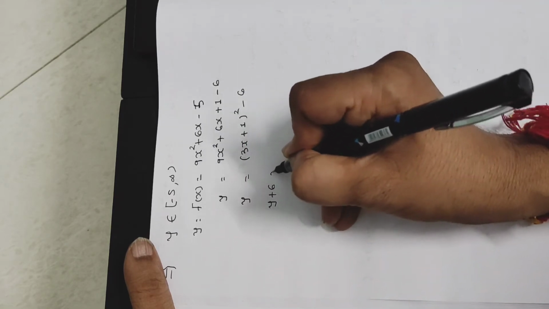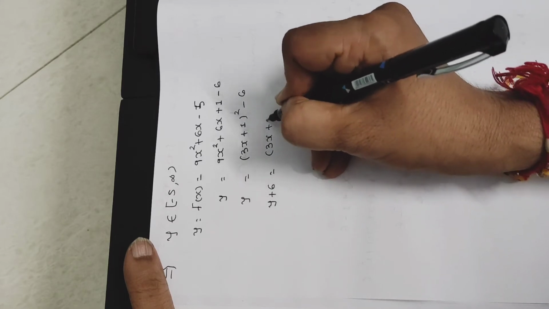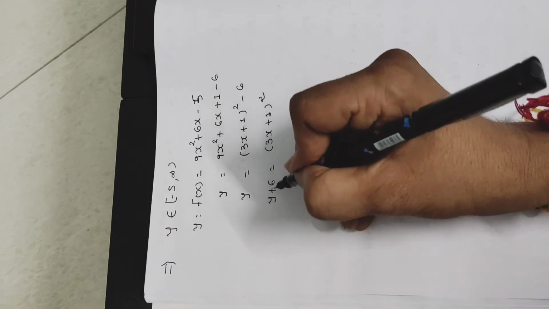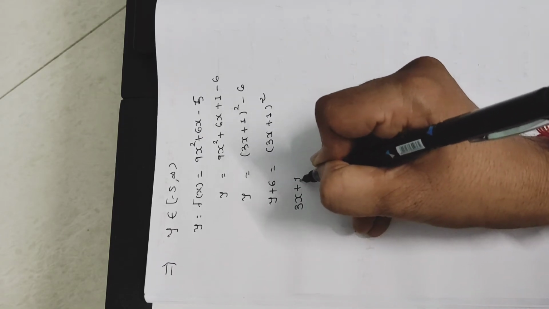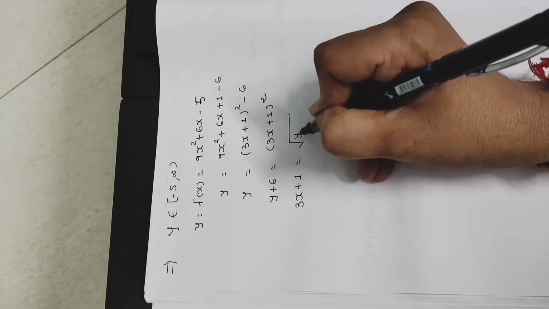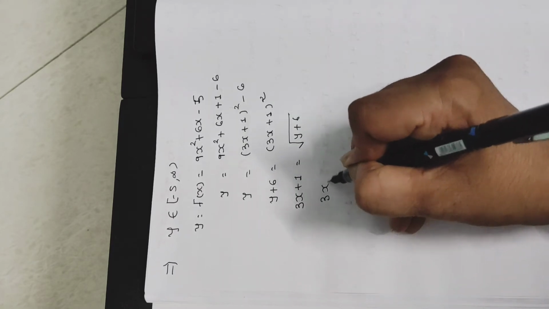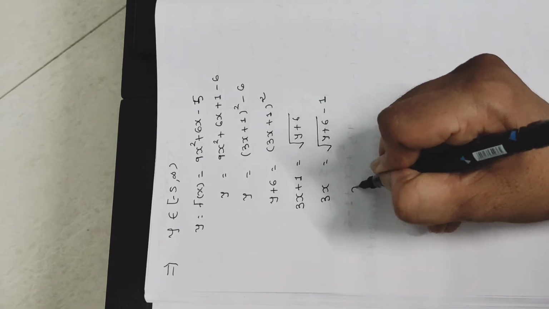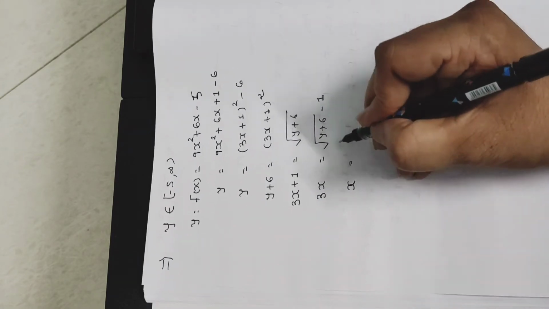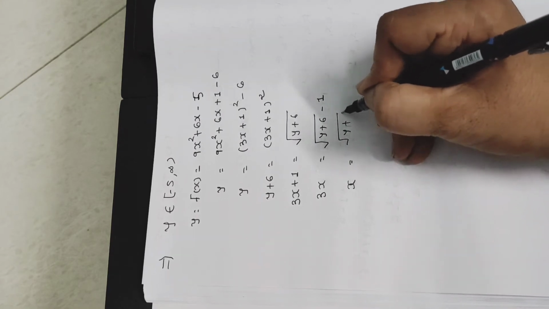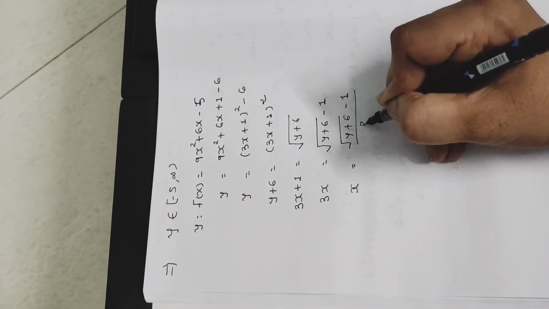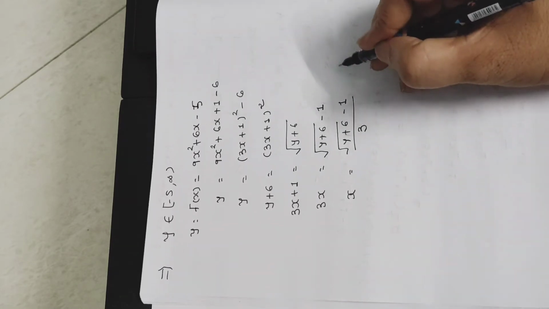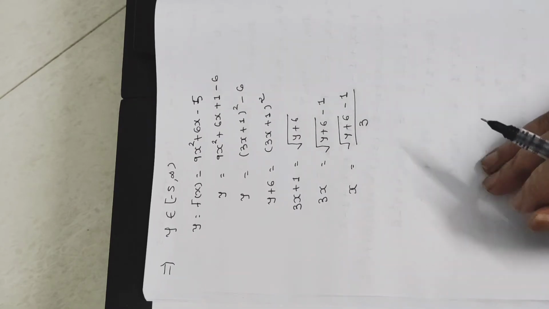So y plus 6 is equal to 3x plus 1 whole square. So 3x plus 1 is equal to under root y plus 6. So 3x is equal to under root y plus 6 minus 1. So x is equal to under root y plus 6 minus 1 by 3, where x belongs to R positive.